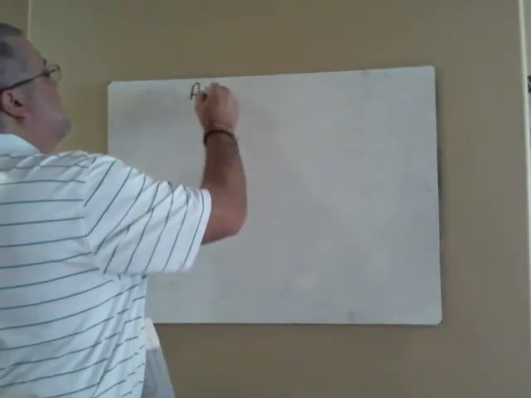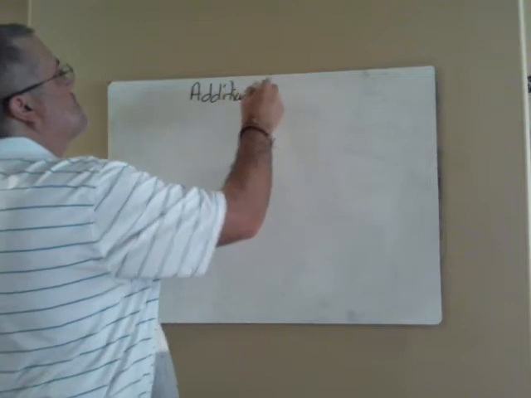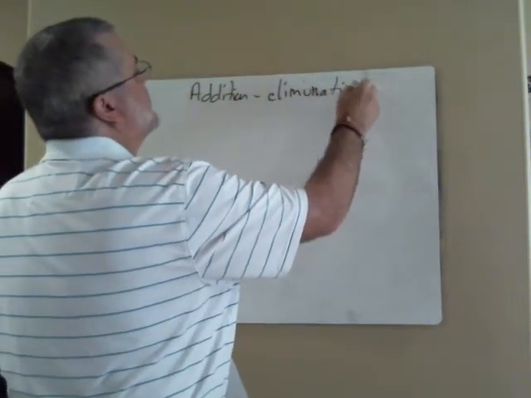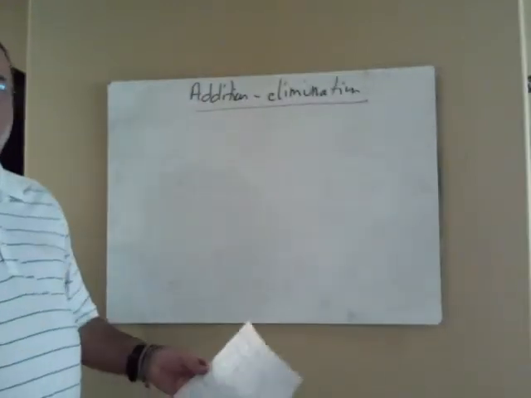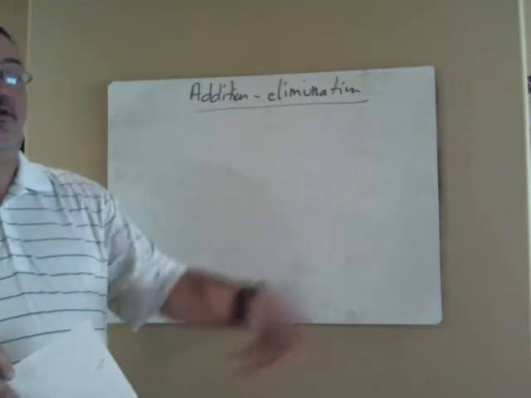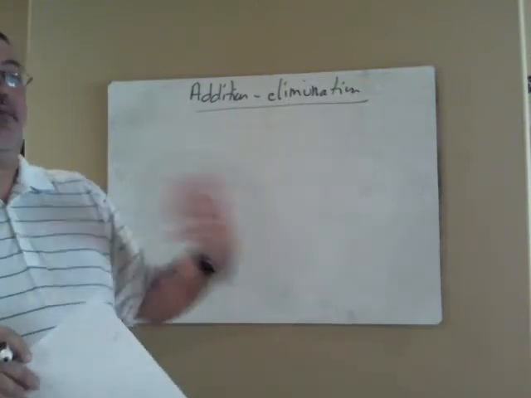And that basically tells you up front that this mechanism is going to have two steps. There's going to be an addition that initially occurs, and then an elimination that occurs.